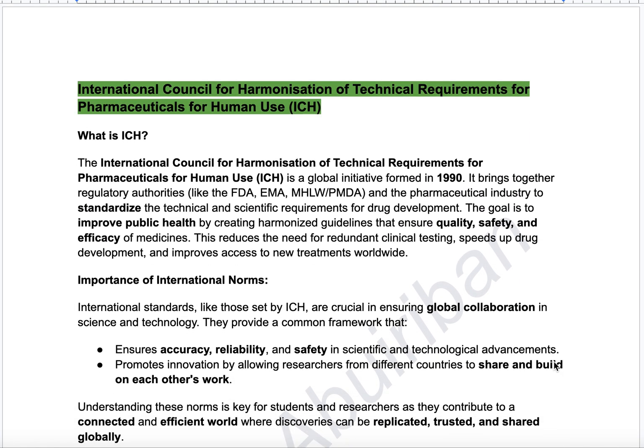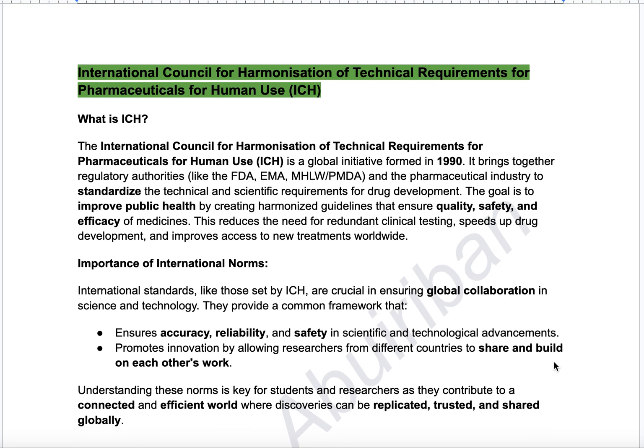Now we go to the other part of the lecture: the International Council for Harmonization of Technical Requirements for Pharmaceuticals for Human Use. That means ICH. What is ICH? The International Council for Harmonization of Technical Requirements for Pharmaceuticals for Human Use is a global initiative formed in 1990.